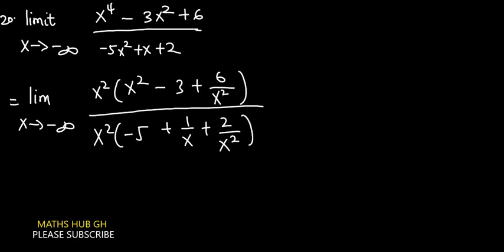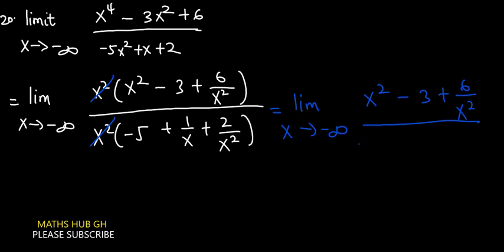At this point we can do the cancellation. This and this will cancel out, and then now you are going to have the limit as x approaches minus infinity for x squared minus 3 plus 6 over x squared, all this divided by minus 5 plus 1 over x plus 2 over x squared.